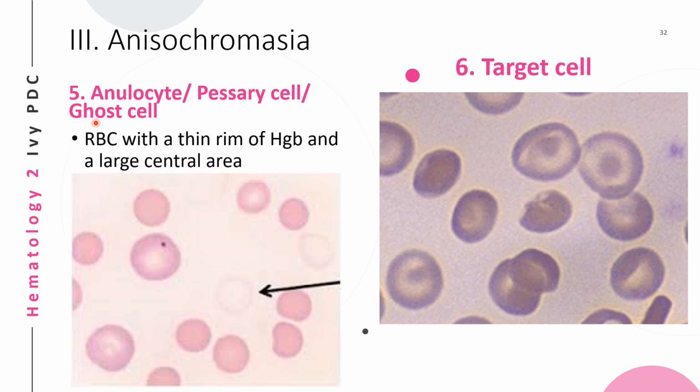So these are cells with a very thin rim of hemoglobin and a central large area. So this is an annulocyte looking like a ghost. That's why it's called ghost cell. You only see the very thin rim of hemoglobin. This is the annulocyte or the ghost cell. A target cell is also considered under anisochromasia.